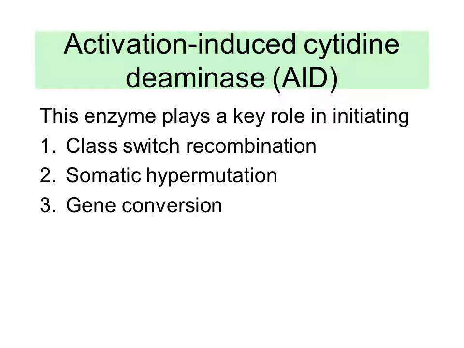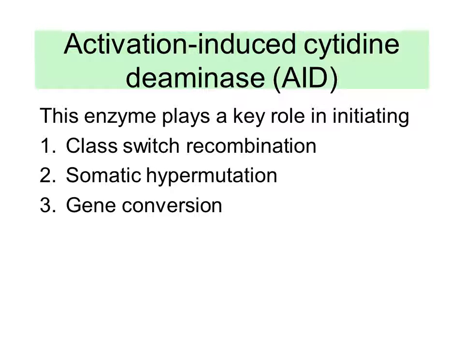I repeat: somatic hypermutation, which I said always happens after antigen exposure, and then gene conversion, and then class switch recombination. So depending upon whichever order you want to memorize, these are the three important things that stand out, especially for this lecture.